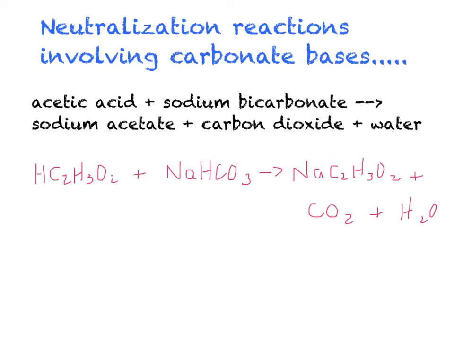I'm just going to change my pen color. This is our acetate ion right here that makes up the acetic acid, and here's our bicarbonate ion right here. So the sodium from our base reacts with the acetate from our acid, and we get our sodium acetate as a product.